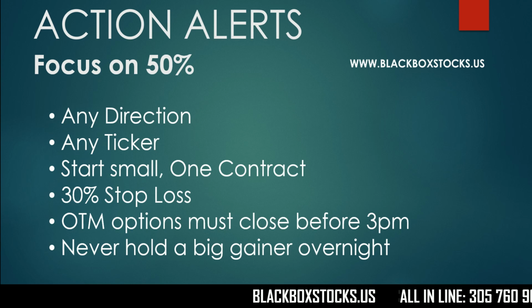All right. Obviously, I want you to start small using my strategy. One contract is just enough, just to prove to you it works. And at the 50% level, we're going to go in and we're going to keep a 30% stop loss. If we go below 30% from that 50% entry, we're going to go ahead and stop that trade.